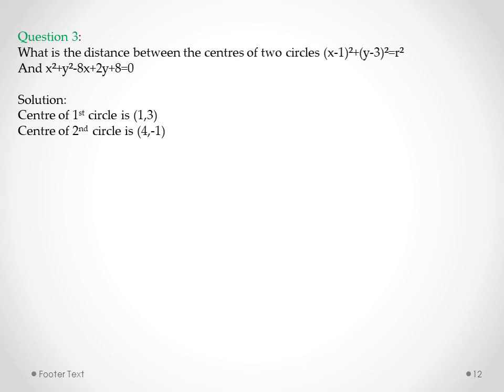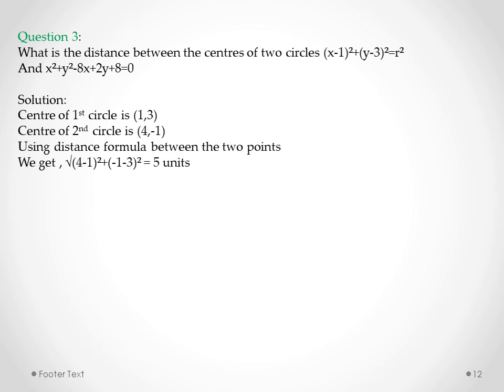So the center of the second circle is (4, minus 1). Now you have to find the distance between the two centers. Using the distance formula, very simple, the distance is under root (4 minus 1) whole square plus (minus 1 minus 3) whole square. That will solve and you'll get 5 units, right?